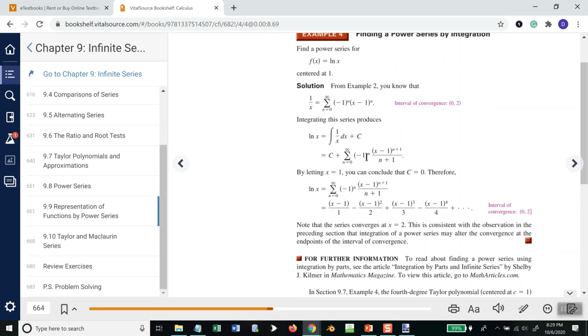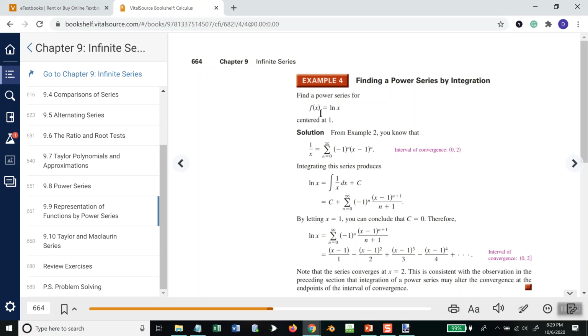What you do here is you start out, see our function is natural log of x. And you start out with the derivative of that. So taking the derivative, you then integrate that.